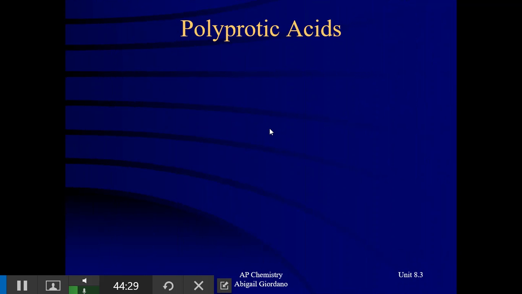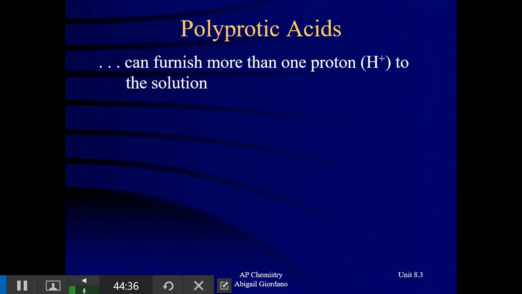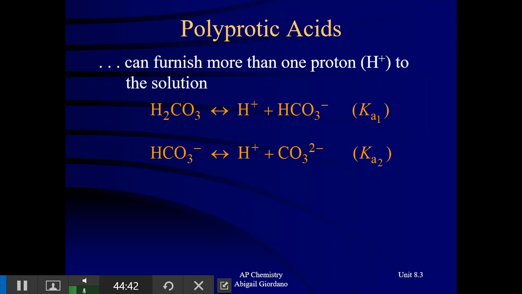All right, one final thing that I want to say about acids. Okay, we've seen this vocabulary word before, polyprotic. Acids that can donate more than one hydrogen, like carbonic acid, for example, can donate 2 hydrogens. We would be more specific and call this a diprotic acid.